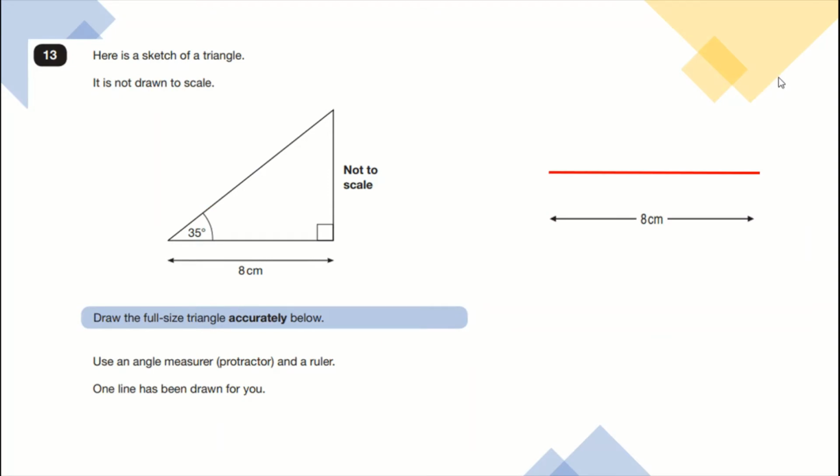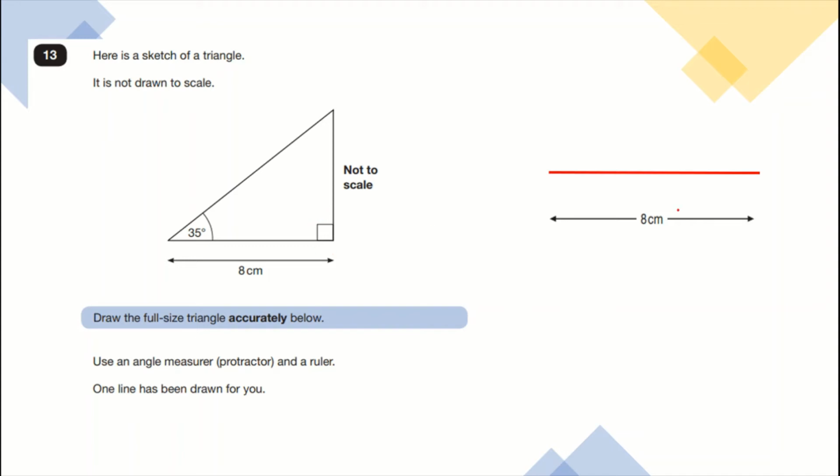Question 13. Here is a sketch of a triangle. It is not drawn to scale. Draw the full size triangle accurately below. Use an angle measure, protractor, and a ruler. One line has been drawn for you. First of all, we're going to start off with drawing this 90-degree angle.